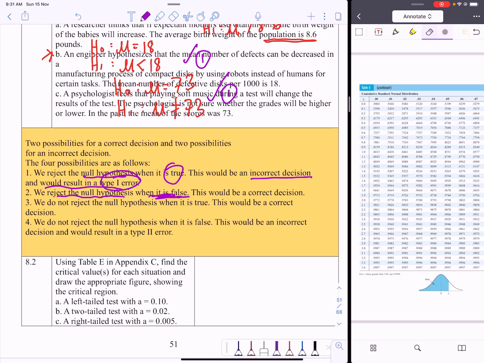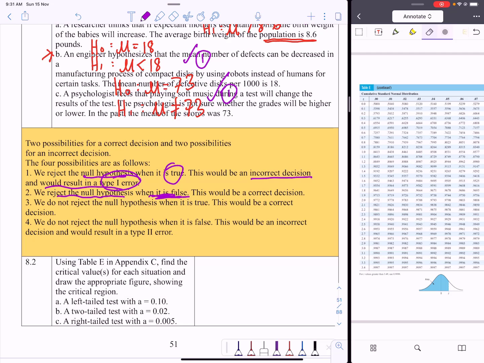Okay, this is right, a correct decision. Why? Because we reject the null hypothesis because it is false. It is right that we reject the null hypothesis if it is false. It's a good decision, a correct decision. We reject the null hypothesis because it is false. It's not equal, then reject the null hypothesis.